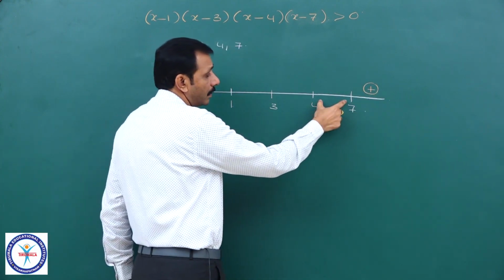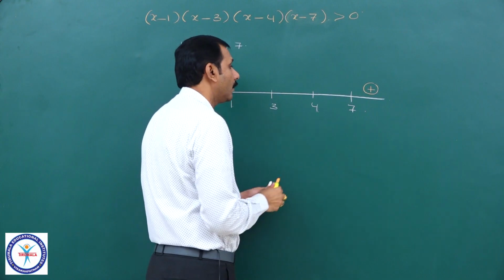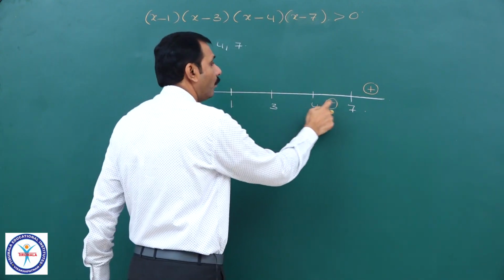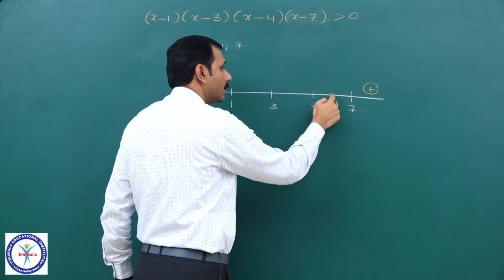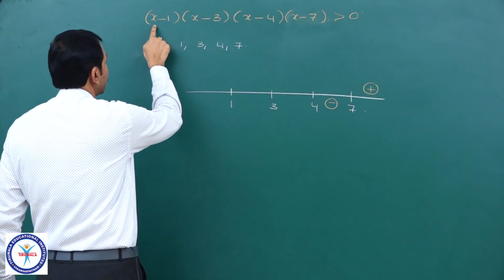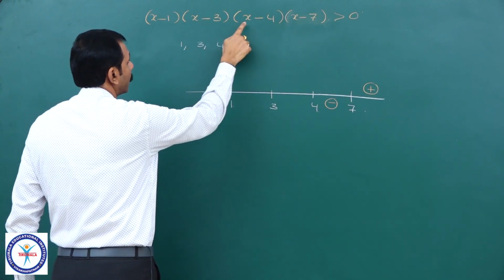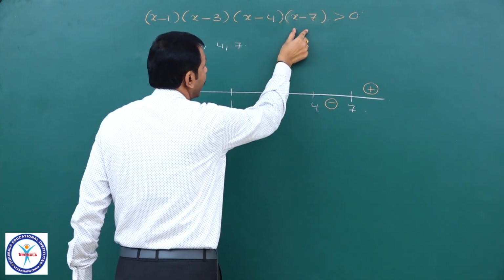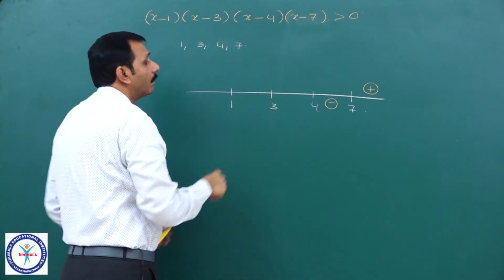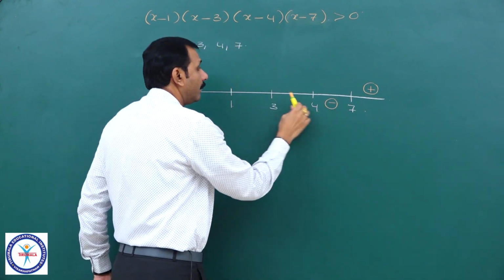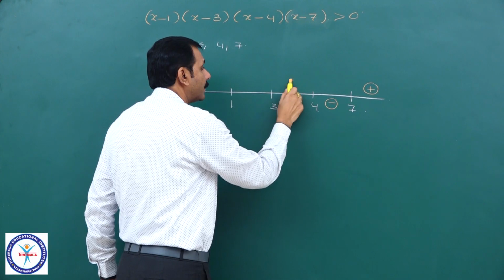And the next possibility, between these, you will get a negative sign. Why negative? Between 4 and 7, if you take any value, suppose say 6, the moment you substitute 6, three factors are positive and one is negative, so the product becomes negative. Therefore, here negative. Next, between 3 and 4 it is positive. Why?